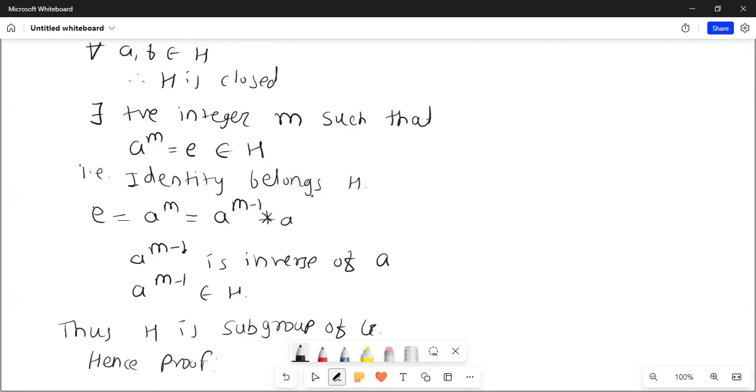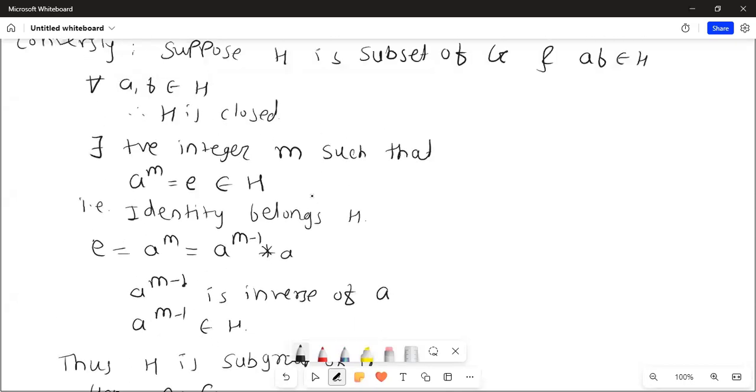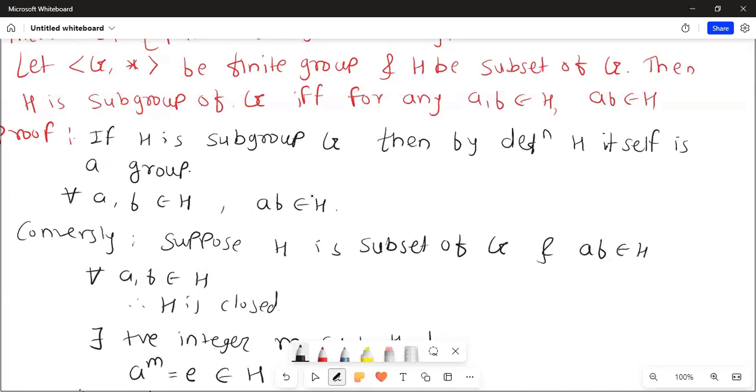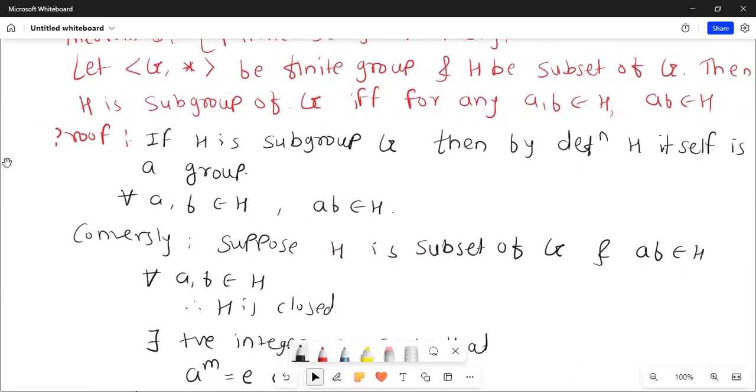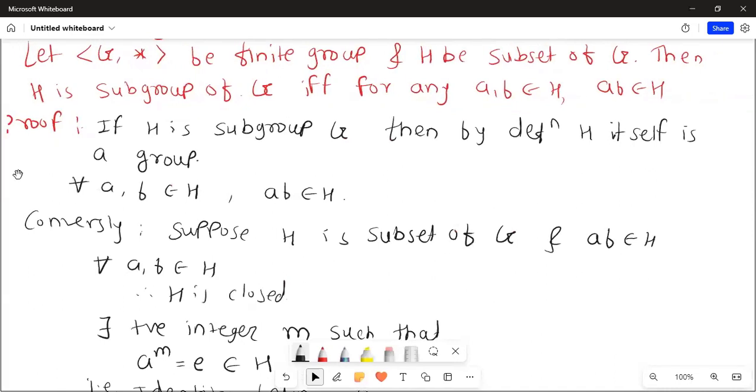ये जो थ्योरम है ये दोनों टाइप से हमें प्रूफ करना है, पार्ट 1 और पार्ट 2, दैट मीन्स कॉन्वर्स, उसका भी हमें प्रूफ करना है। तो ये थ्योरम देखो, let G star be a finite group and H is a subset of G, then H is a subgroup of G if and only if for any A, B belongs to H, AB belongs to H. तो यहाँ पे देखो, if H is a subgroup of G, then by definition H is itself a group.